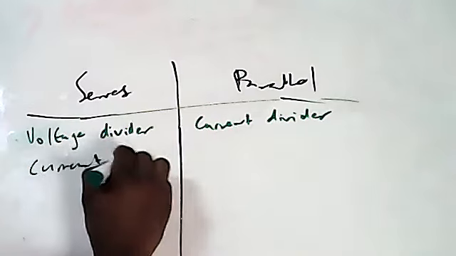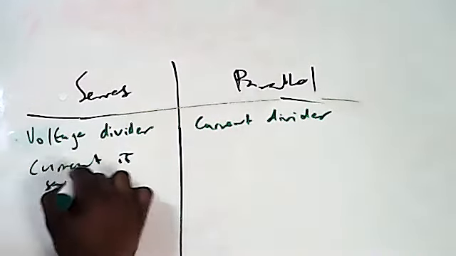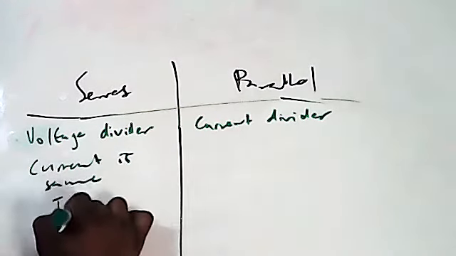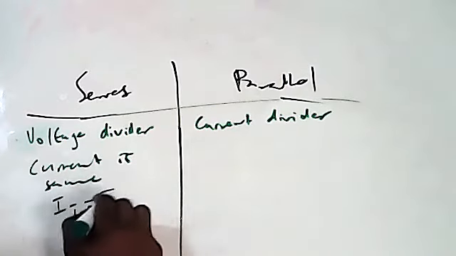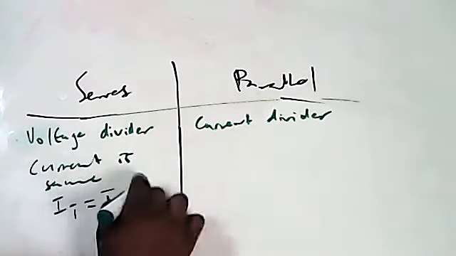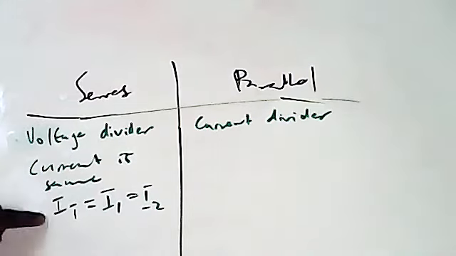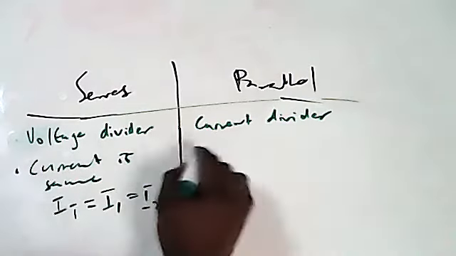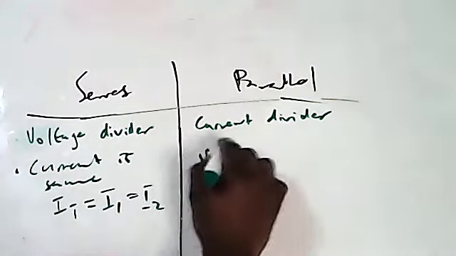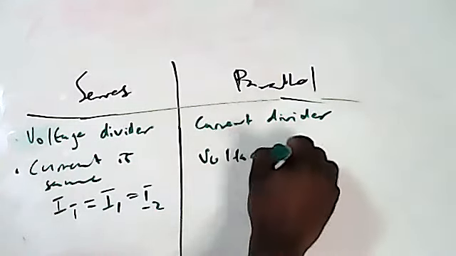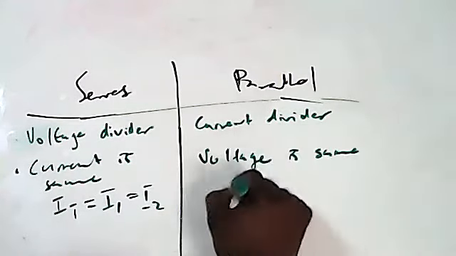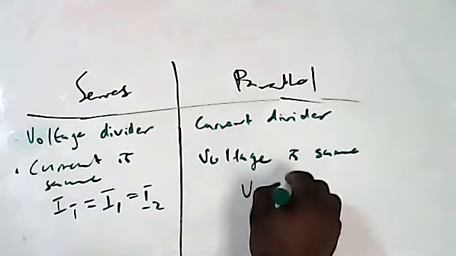Current is the same everywhere, meaning that the total current of the circuit will be the same as the current of one or the current of two or whatever. It's the same everywhere. But when we are coming to the parallel circuit, voltage is the one which is the same everywhere, right? So meaning that the total voltage will be equal to the voltage in one.